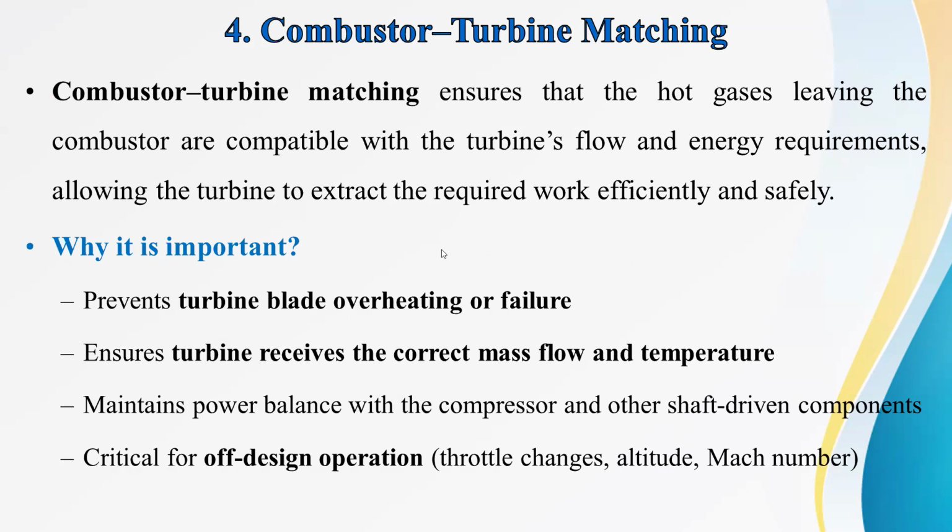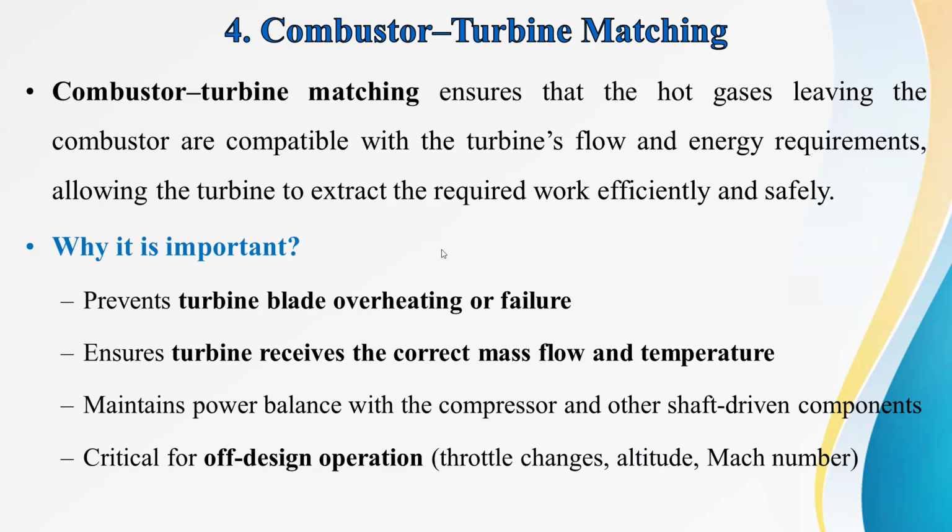Combustor turbine matching condition. We are taking them as adjacent sections. So what is that? It ensures that the hot gas leaving the combustor is compatible with the turbine flow and energy requirements, allowing the turbine to extract the required work efficiently and safely. The heat produced in the combustor and flowing through the turbine must be compatible with each other.